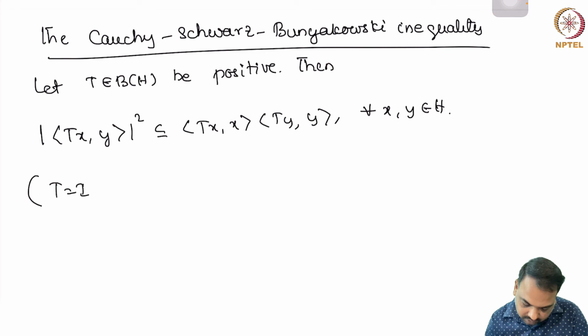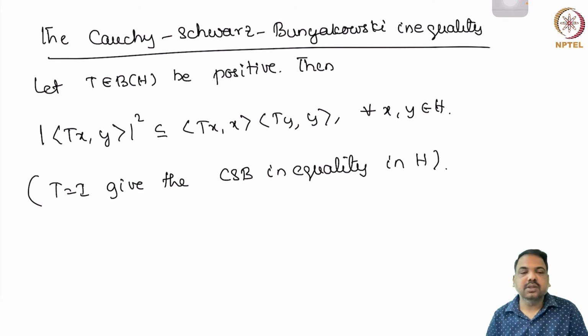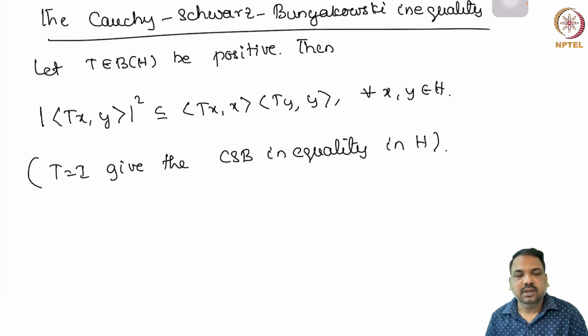So T equal to identity I, so that means this Cauchy-Schwarz inequality is more general than the Cauchy-Schwarz inequality that we have studied earlier.